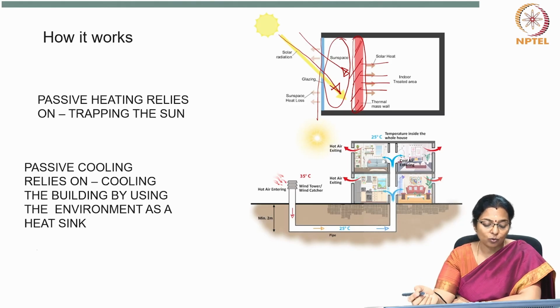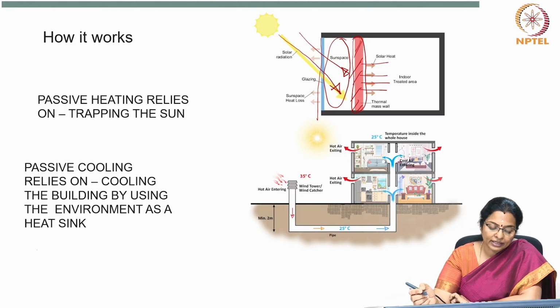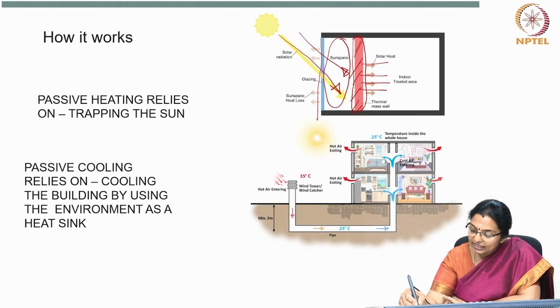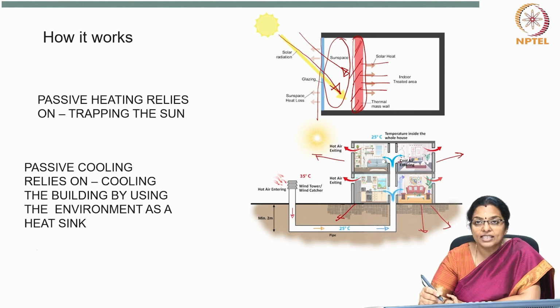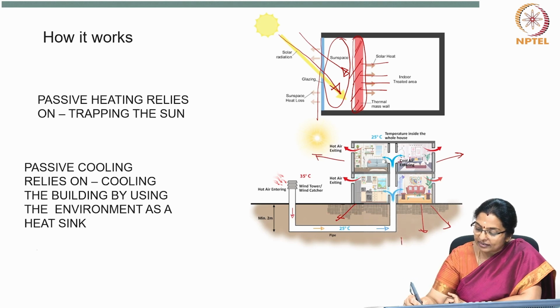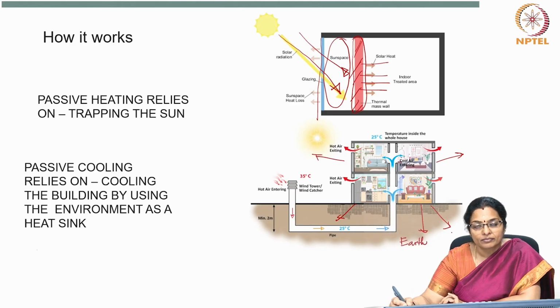Whereas passive cooling relies on cooling the building by using the environment as a natural sink. Here is an example called an earth-air tunnel. This is a combination of many passive techniques.